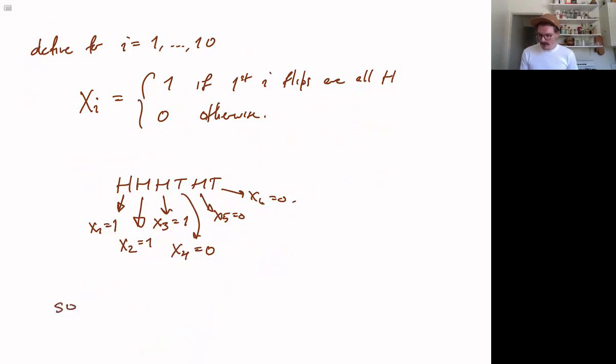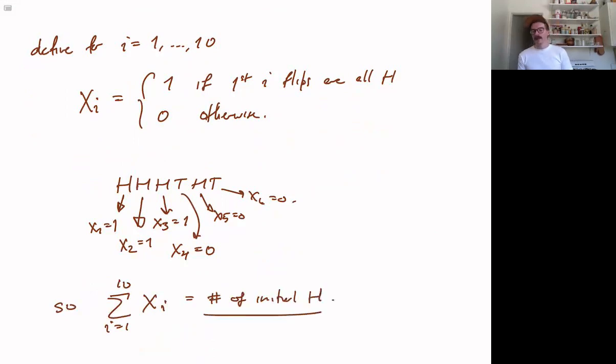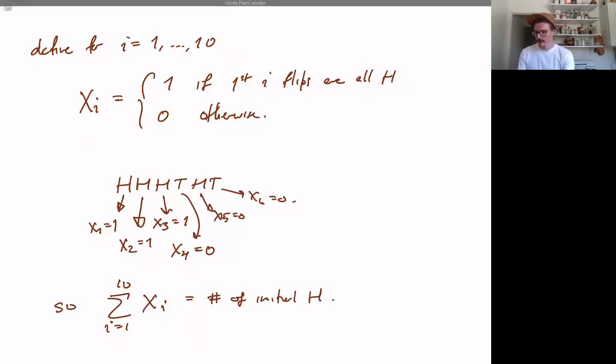So the sum of these indicator variables xi, from i equals 1 to 10, will equal the number of initial heads, which is exactly the thing we are trying to calculate the expectation of. And this is easier to calculate because it's a fixed number of flips and a fixed outcome of that number of flips.